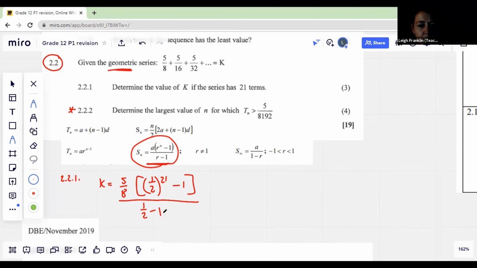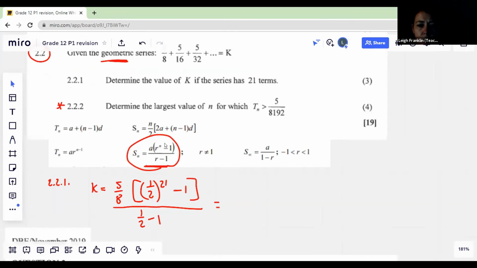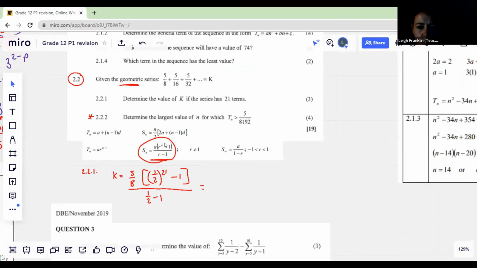Yes. All right, lovely. Okay, so what did you get as a value for K? Anybody tell me what they got for K, matrix? 1,25.